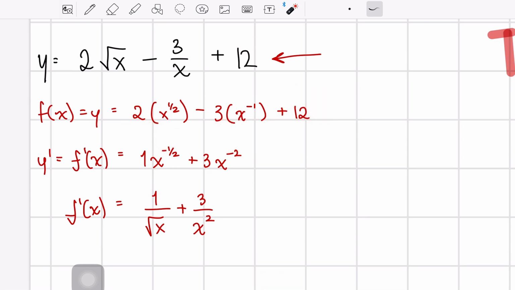After that, we had negative exponents, which are acceptable, but we don't want them in our final derivative. So we converted them to our normal, everyday form. There you have it. There's the first derivative.